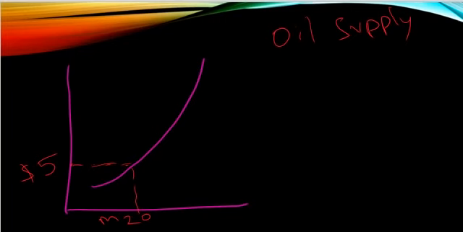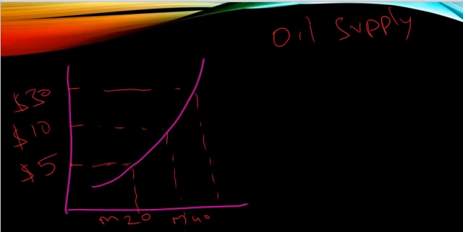Let's say the price increases to $10, then the quantity supplied will also increase, let's say, to 40 million barrels. If the price goes further up, let's say to $30 per barrel, then the quantity supplied also increases to, let's say, around 60 million barrels per day.